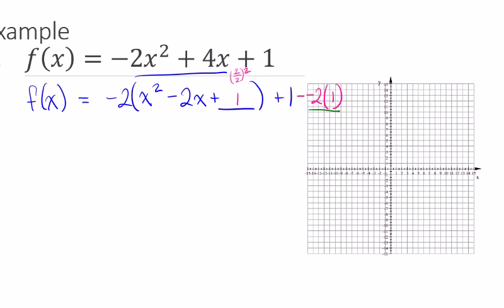But since this -2 applies to this one, since the 1 is inside the parentheses and we have a -2 on the outside, we're really essentially adding -2 times 1 to both sides, right? And so then we have to subtract -2 times 1 from both sides, right? So essentially we're just adding 2, but yeah, that's why we have to add 2, okay?